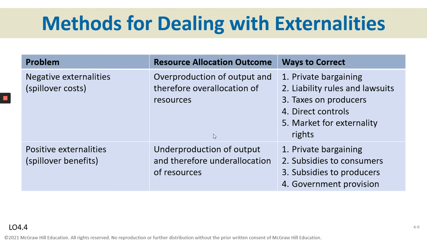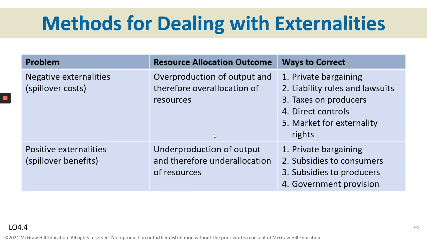There are liability rules and lawsuits, a lot of those in the U.S., of course. Taxes on the producers. There are direct controls, lots of government agencies that have direct controls on production. And a market for externality rights, something called a cap and trade system, which gives permits for pollution.